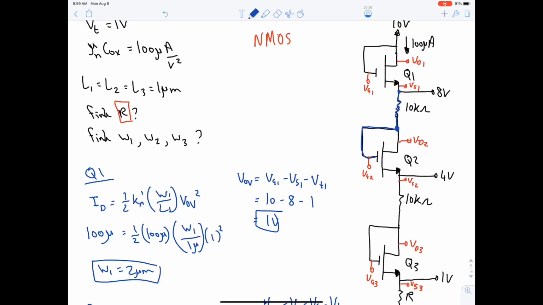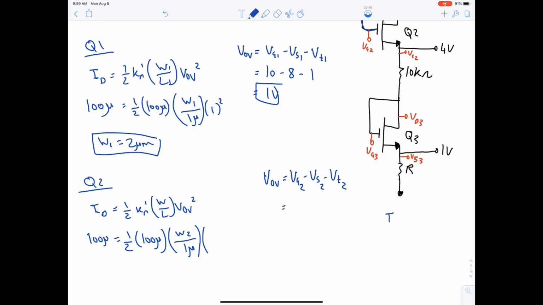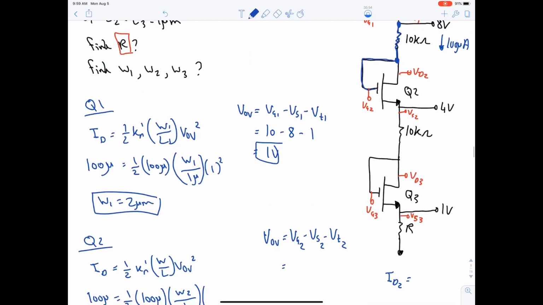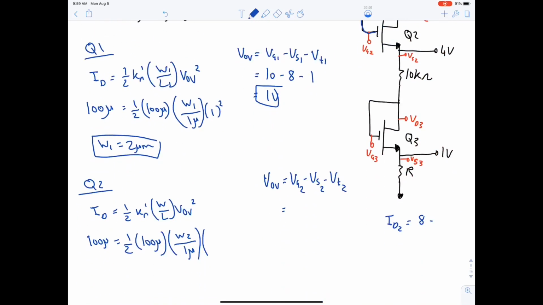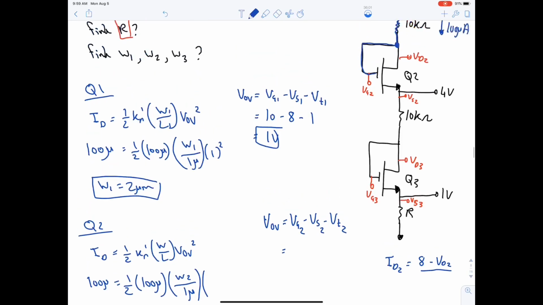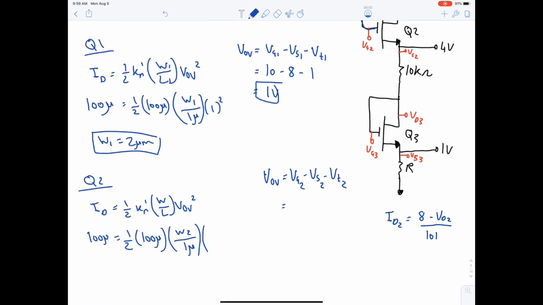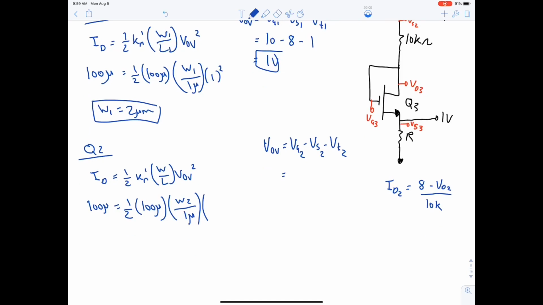Okay, so what can we do? If we have a current 100 micro and we know one of the sides, how can we get the other side? Ohm's law, right? Okay, so we will say ID2 is equal to 8 minus VD2 over the resistance, which is 10K. ID2 is 100 micro, 8 minus VD2 unknown over 10K.